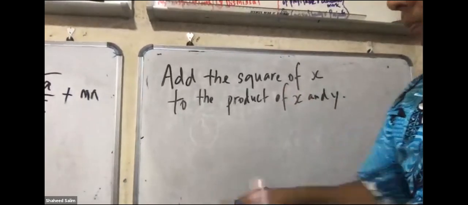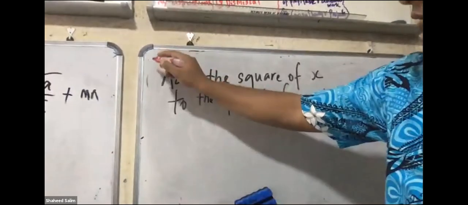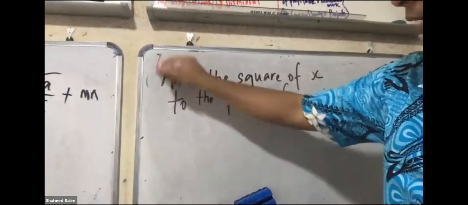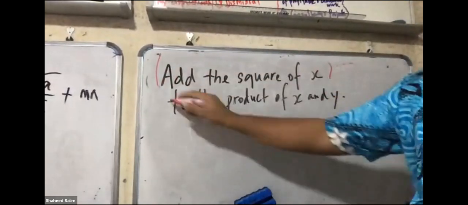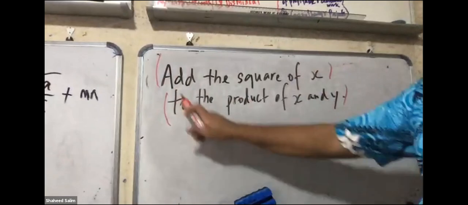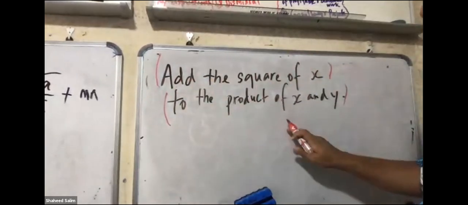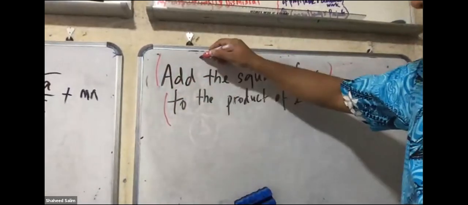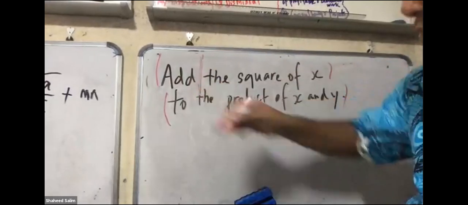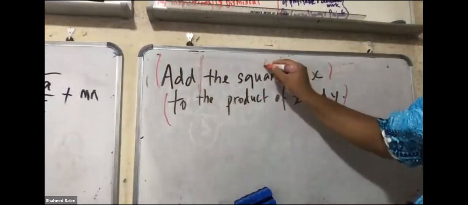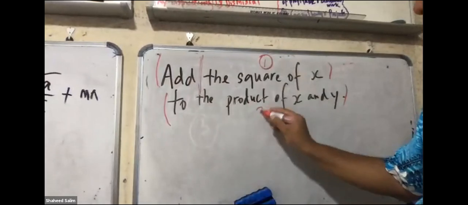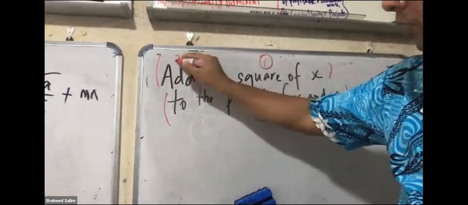Now you just need to break it into two parts. First I'll break it here. This one is one part, two parts. This first part I do first, this one second, this one third.